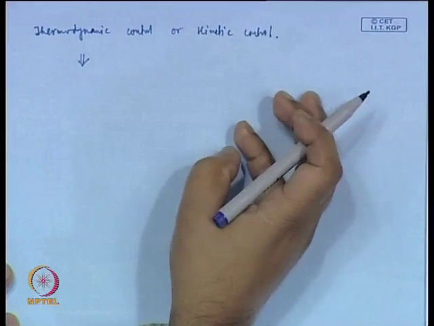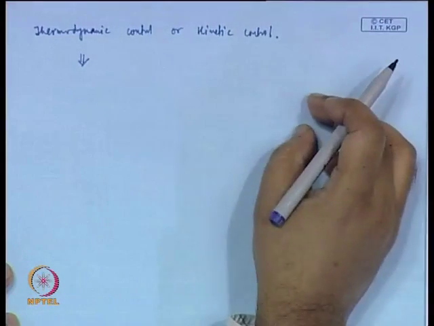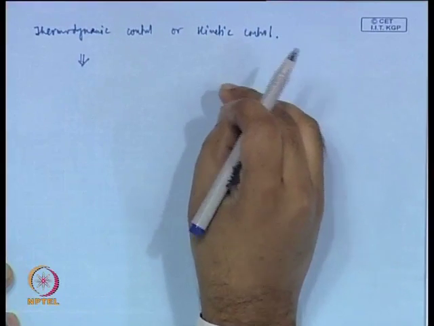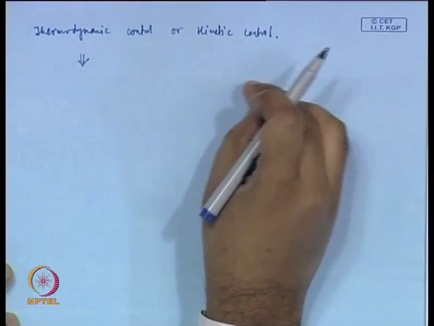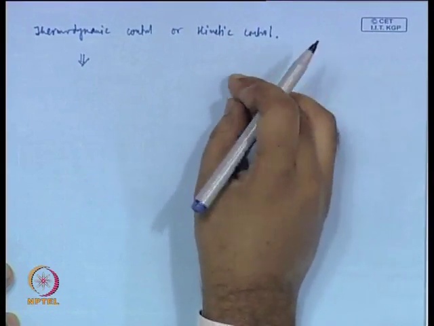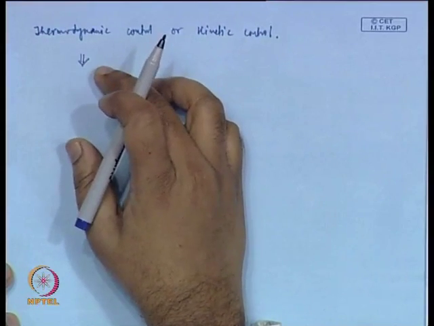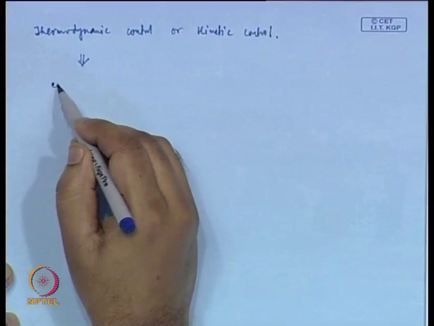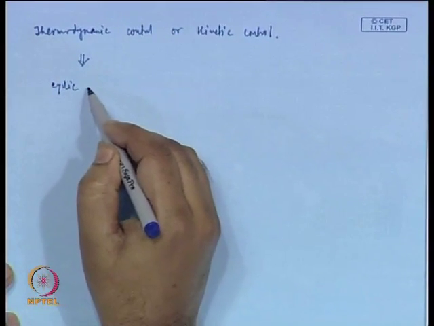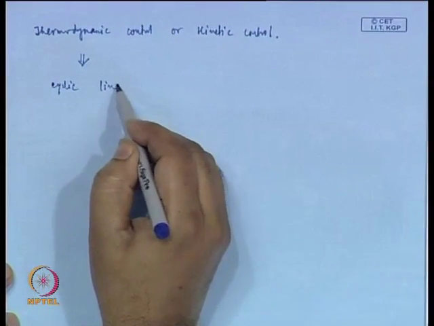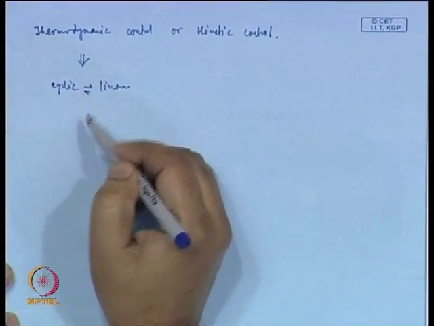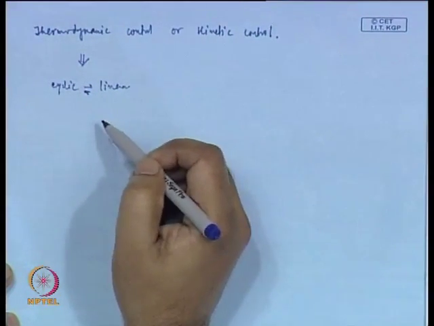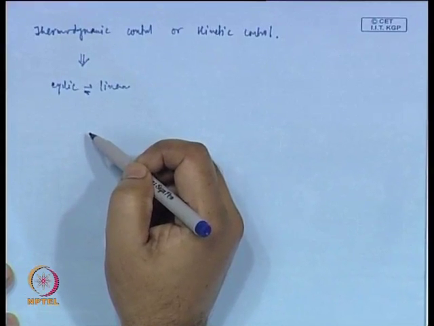The reaction proceeds without establishing an equilibrium between the cyclic and linear species, whereas in thermodynamic control polymerization there is an equilibrium between cyclic molecules and linear molecules. So during the entire polymerization process, this equilibrium exists.